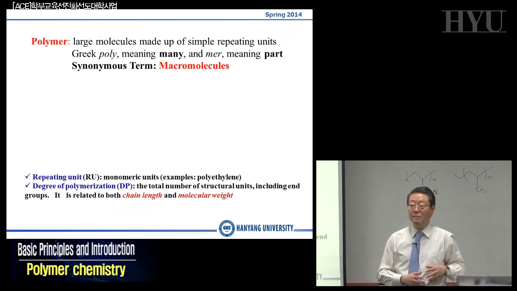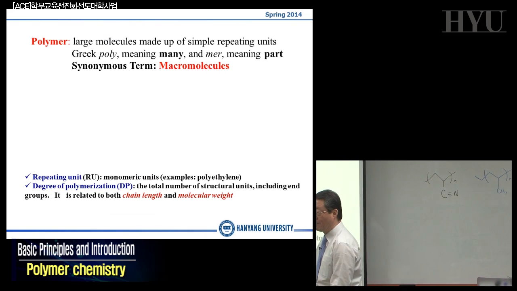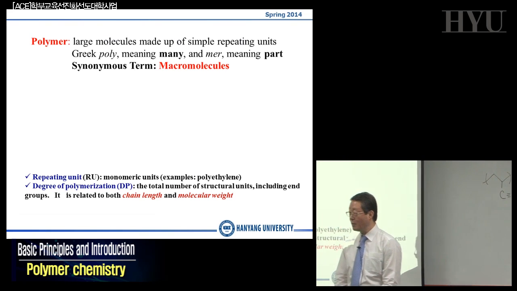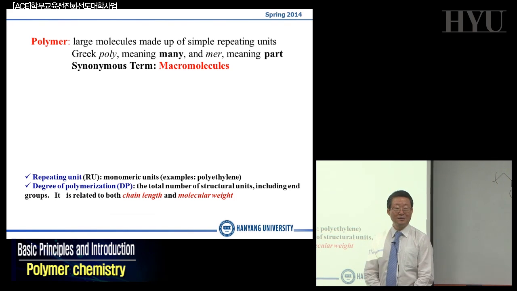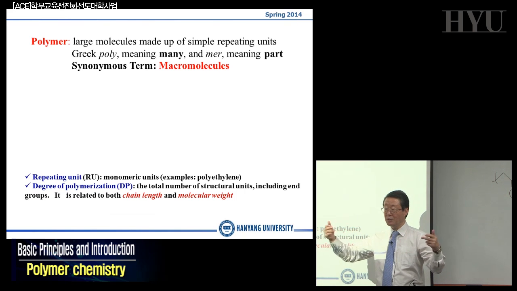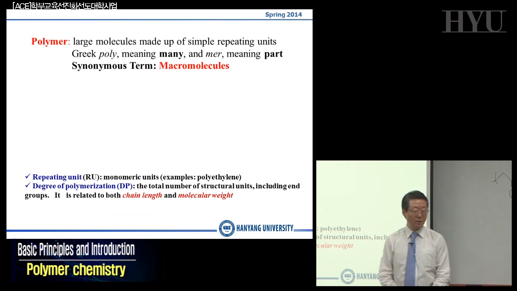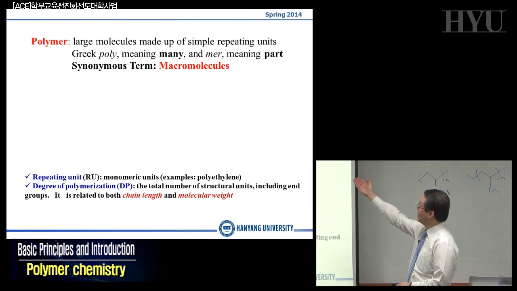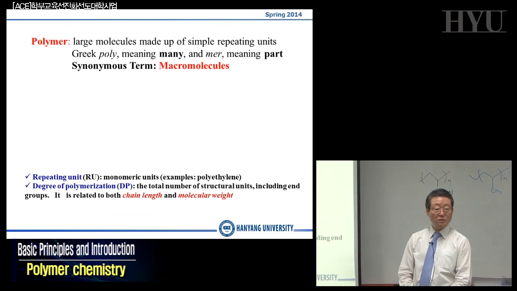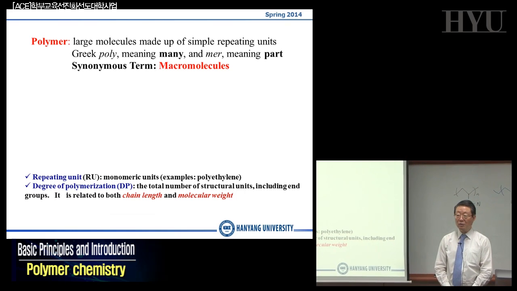So we know that the monomer, dimer, trimer, and so on become a polymer. Poly means many, and many molecules are getting together to become one molecule. But there is another word, macromolecules.